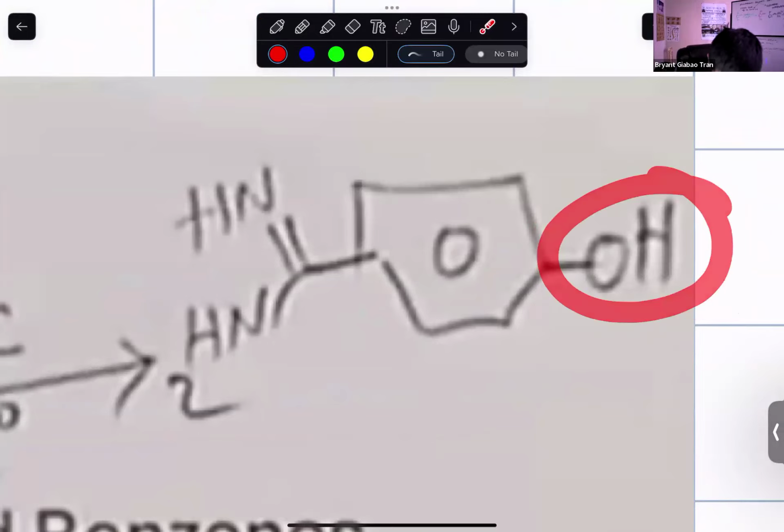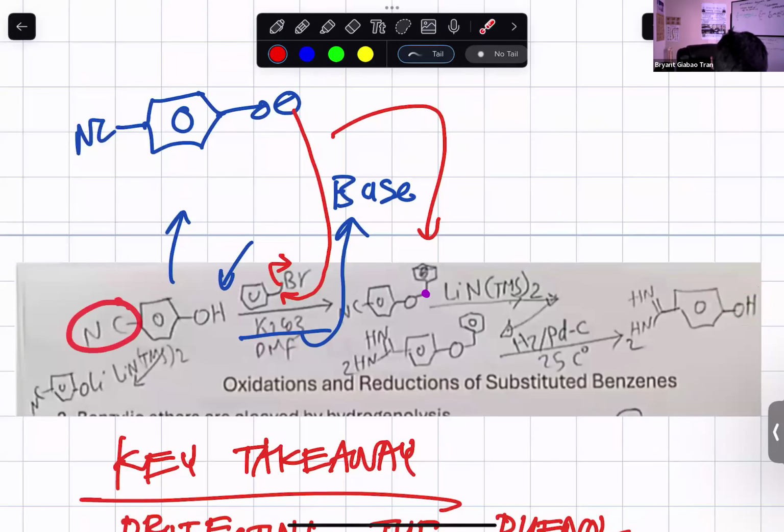Nothing happens to that OH, but something did happen to the CN, which got converted into this group right here, which is from this reagent here, right? But this reagent would have reacted with the OH, so we had to protect the OH first, doing SN2 to get this benzylic ether, and then we use this reagent to convert the nitrile into that group that we want, the hydrazone, and then once we have that, we deprotect the benzylic ether back into the alcohol by using H2PDC, reduction of benzylic ether.